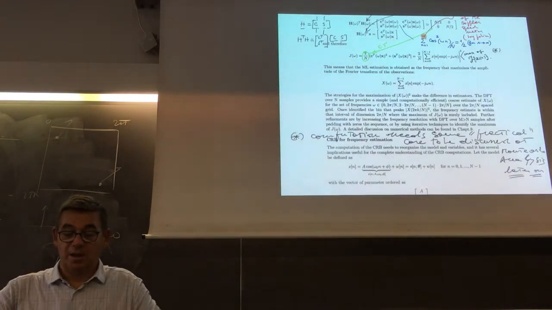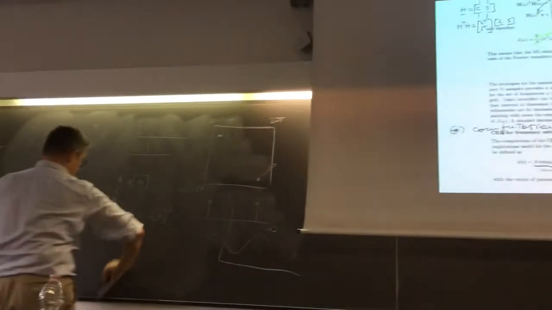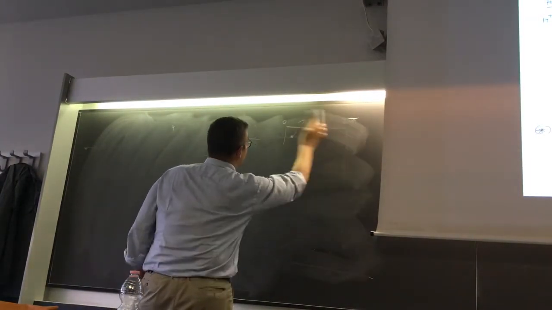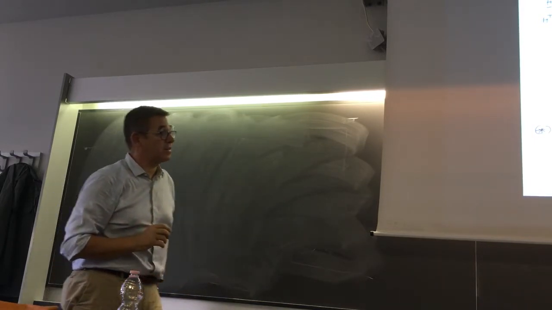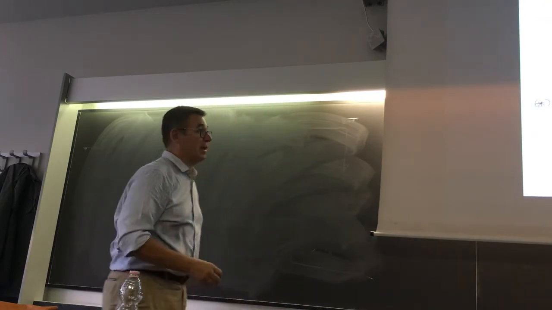So I need to go back and ask, how many parameters do I need to estimate? My goal was to get the frequency, right? So since I need to estimate the frequency, I write a set of parameters.